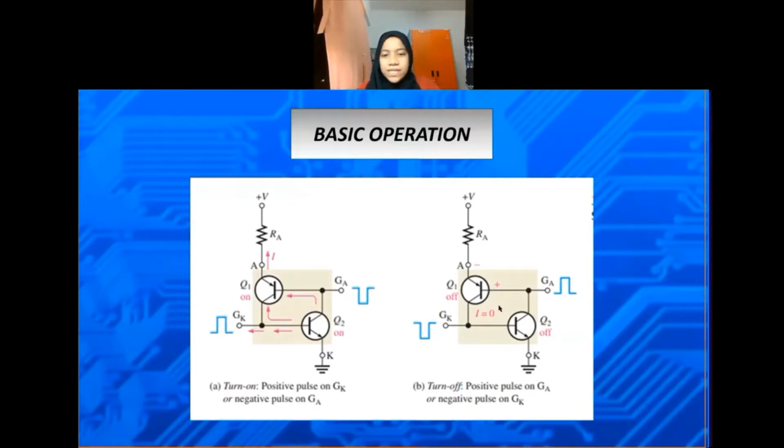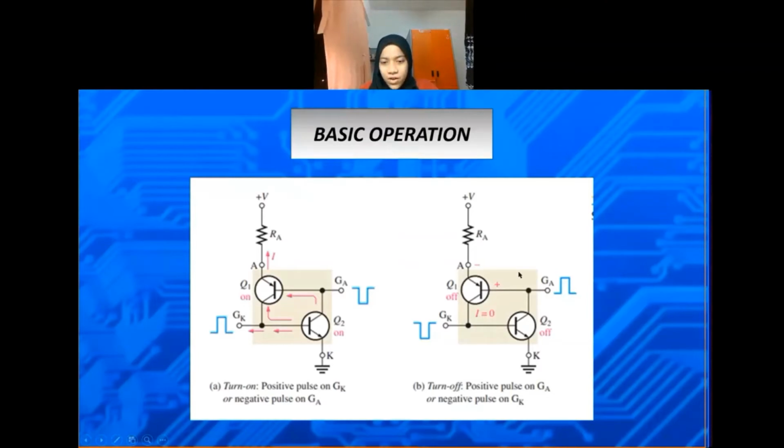This reverse biases the base-emitter junction of Q1 and turns it off. Q2 in turn cuts off and the SCS ceases conduction, as shown in Figure B above. This device can also be turned off with a negative pulse on the cathode gate, as indicated in Part B.